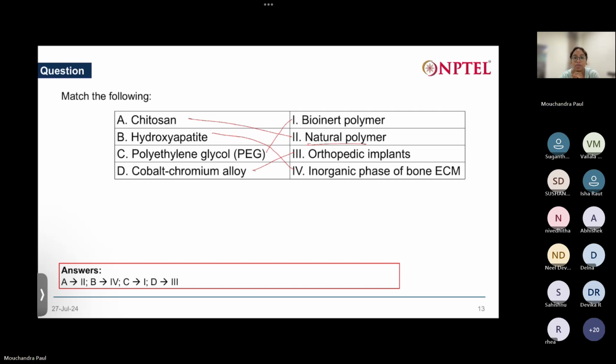Chitosan is very widely used. It has excellent antimicrobial properties and very good mechanical strength, but it may have some limitations. I have not personally worked with chitosan, but I know people who have.